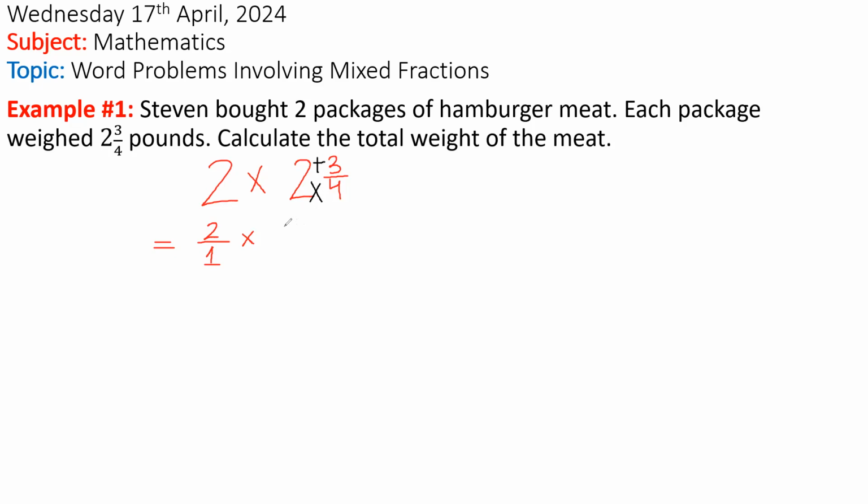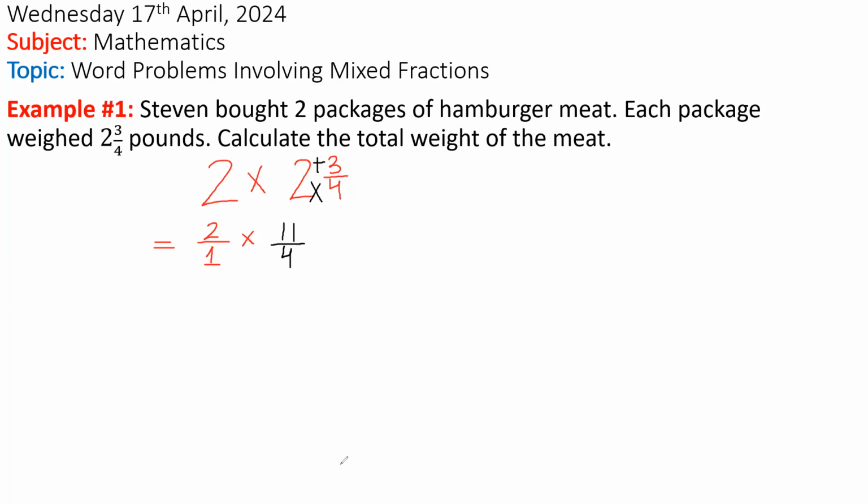So it's going to be 11 over 4. The first thing that we did was take the 2 and convert it into a fraction, 2 over 1, and multiply it by this mixed number, which we converted into an improper fraction. 2 times 4 is 8, plus 3 is 8, 9, 10, 11. So we have 11 over 4.